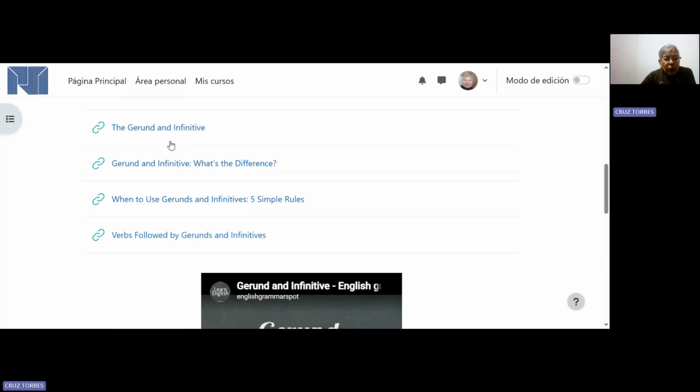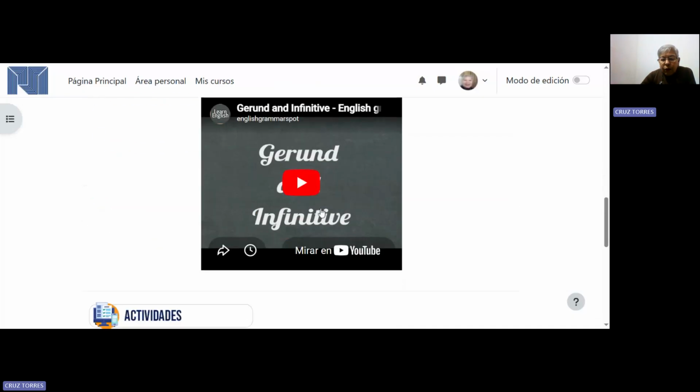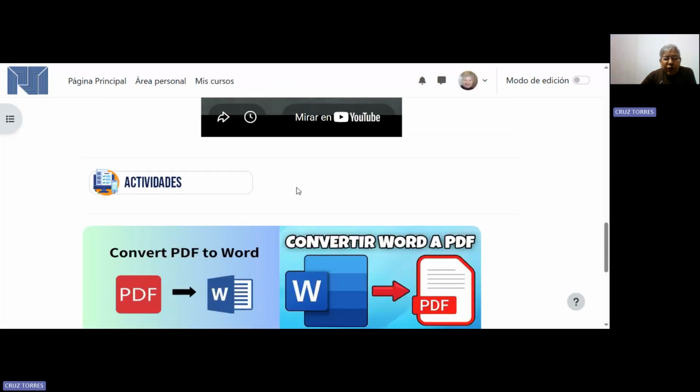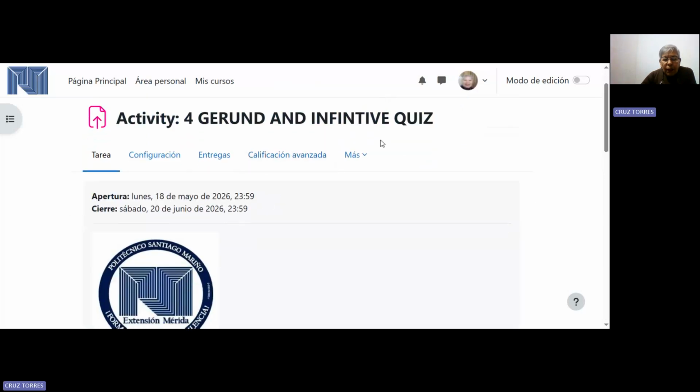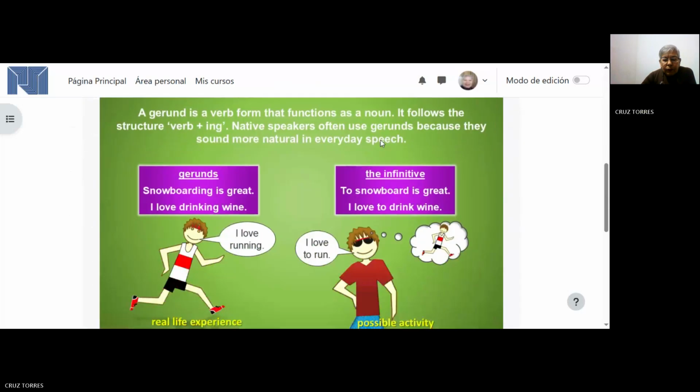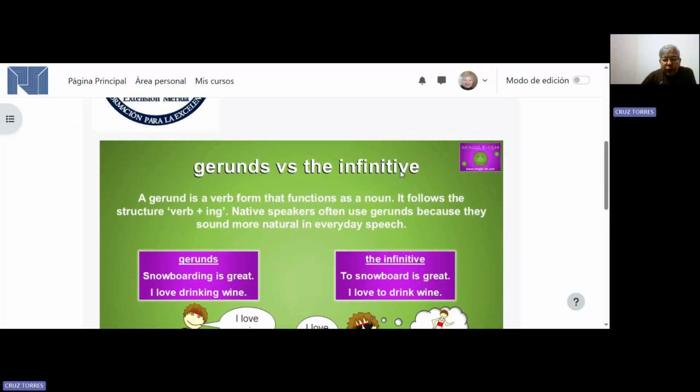Well, here is more reading about gerunds, and I have looked for a video so you can learn more about gerund and infinitive. Here is the activity. Gerund versus infinitive. A gerund is a verb form that functions as a noun. It follows the structure verb plus ing.